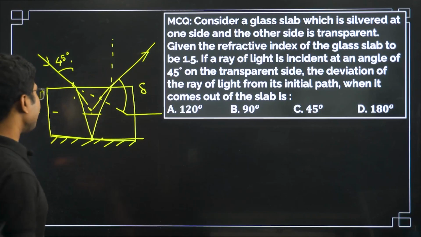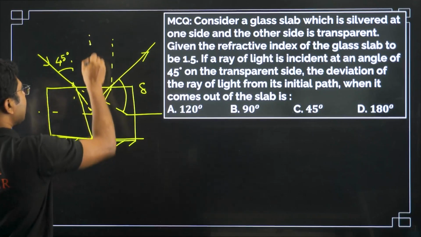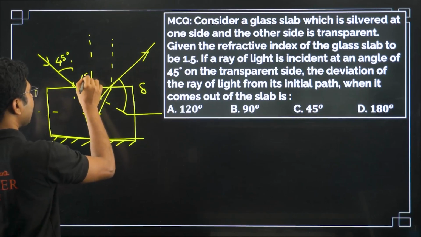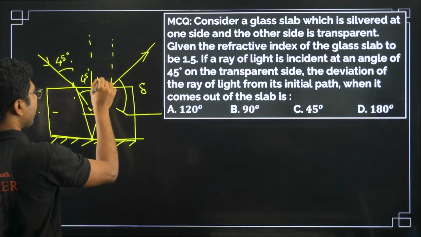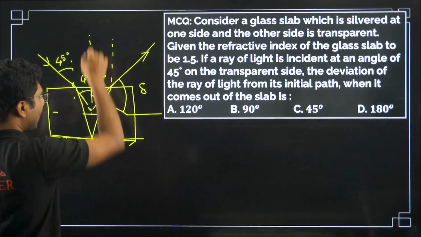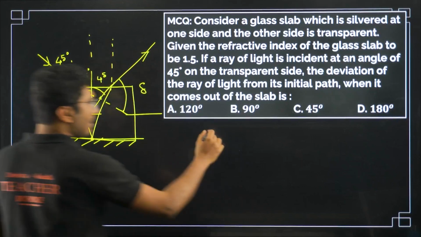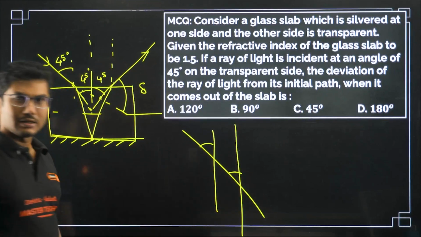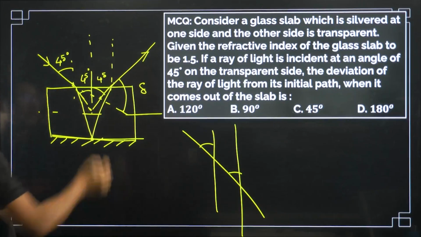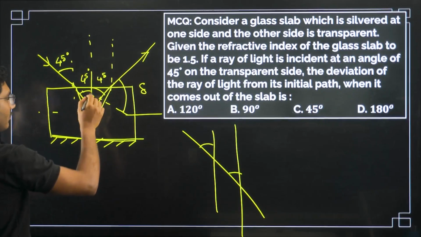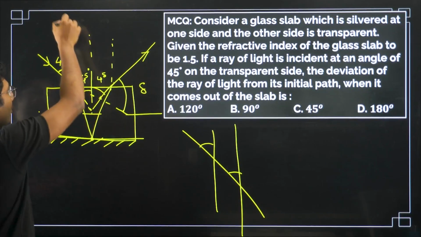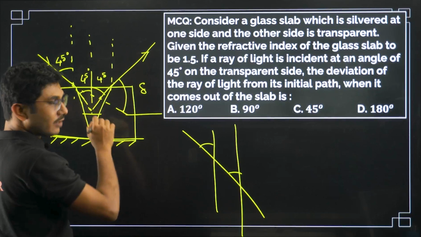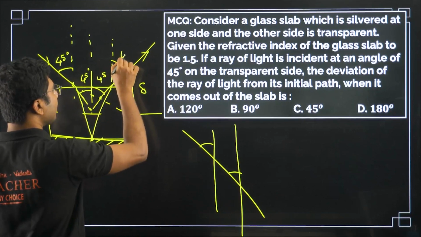Then if this angle is 45 degrees, this angle will also be 45 degrees, and this angle will also be 45 degrees, because these are parallel lines. If they intersect, this angle will be equal to this angle. This is parallel to the normal. Similarly, the angle of reflection will also be 45 degrees.